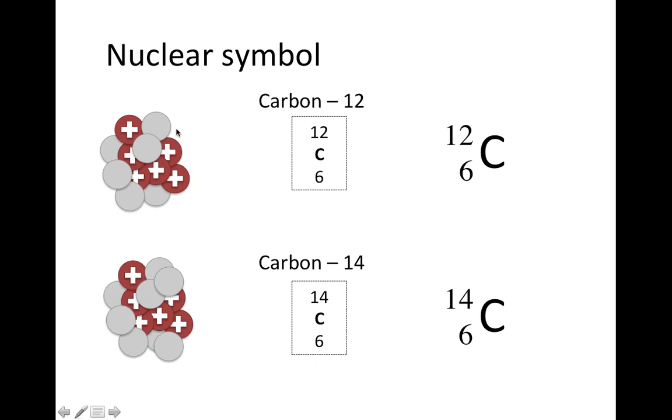Here we have 2 isotopes of carbon: carbon-12, which is the standard isotope, and carbon-14, which is a radioactive isotope that we'll be looking at later in the course. We write C as the atomic symbol, but we also write the proton number at the bottom left, which is 6, and the mass number at the top left, which is 12 for carbon-12 and 14 for carbon-14.